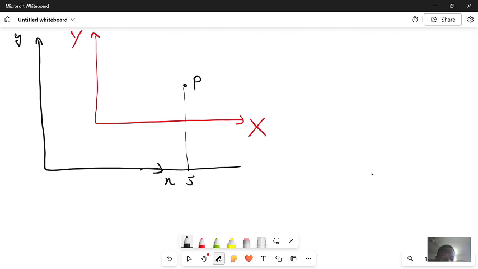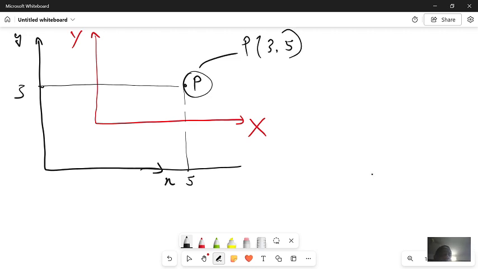Let's say, for example, here 5, and here I will have 3. So the point P has a coordinate P(3, 5) in the original plane, or the old plane, or the black plane.